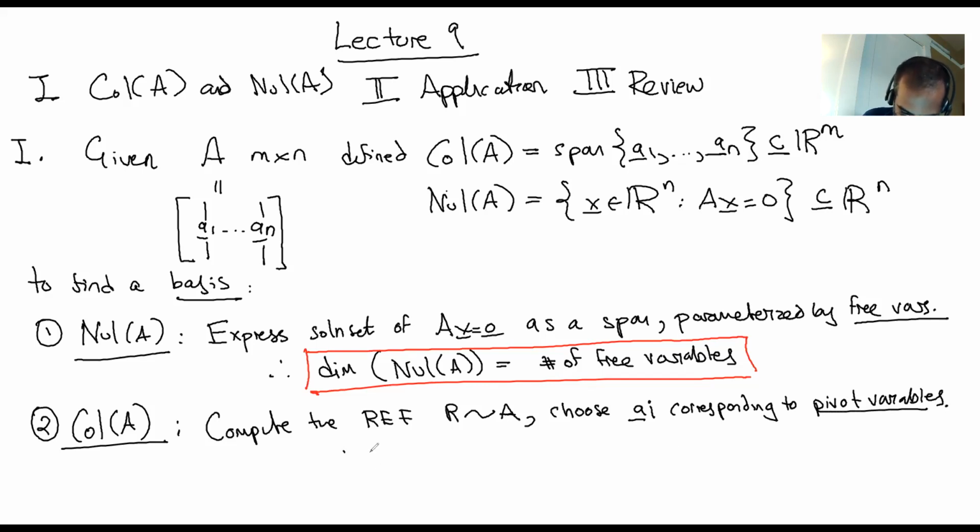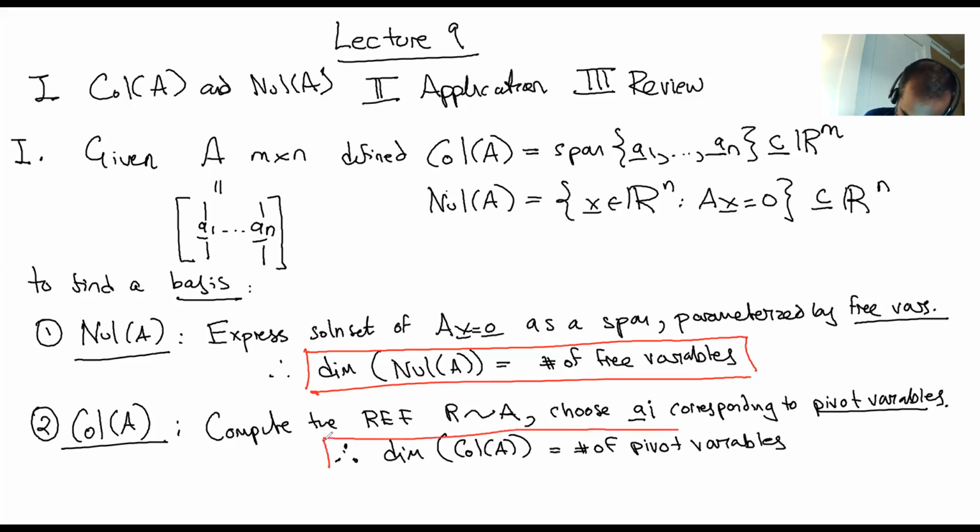One consequence of this is that the size of the basis, remember, the dimension of a subspace is the number of elements in a basis, is just equal to the number of pivot variables. So the dimension of the column space of A is equal to the number of pivot variables. This reveals that there's a close relationship between these two subspaces.